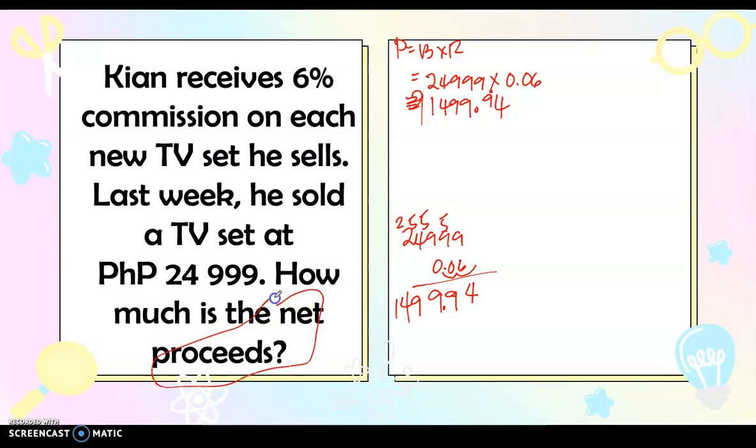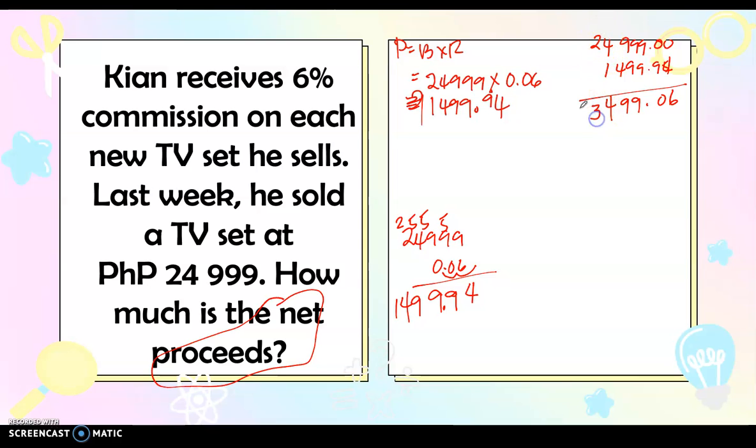The question is, what is the net proceeds? We need to subtract 24,999 pesos minus 1,499.94. Okay, this is 6, 0, 9, 9, 4.